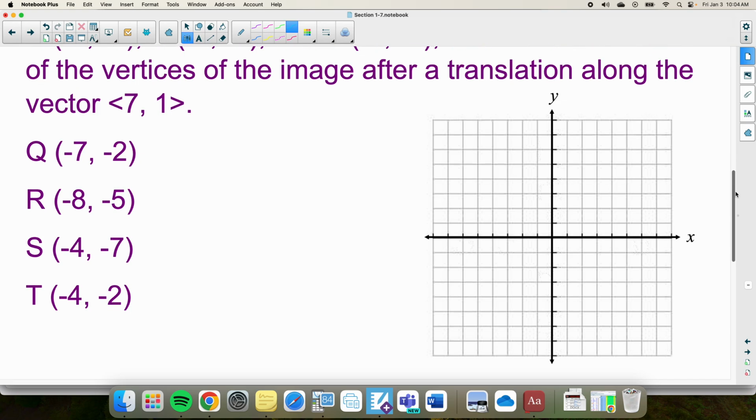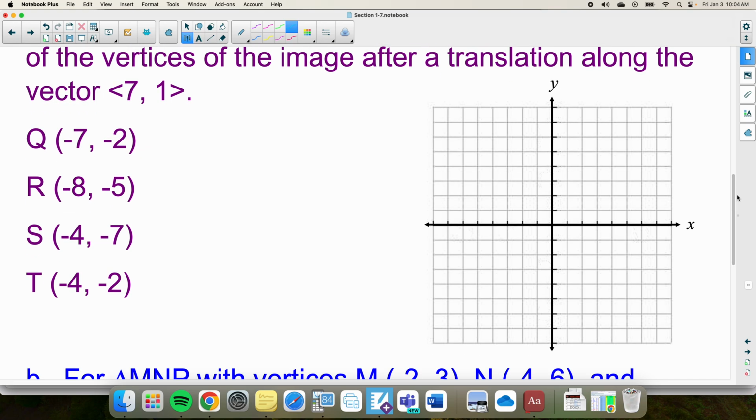So first you're gonna plot -7, and there's 8 going across, so -7, -2, and that would be my Q. R is -8, -5, and that is your R. S is -4, -7. And then T is -4, -2.